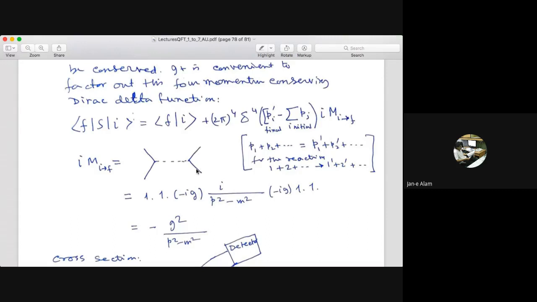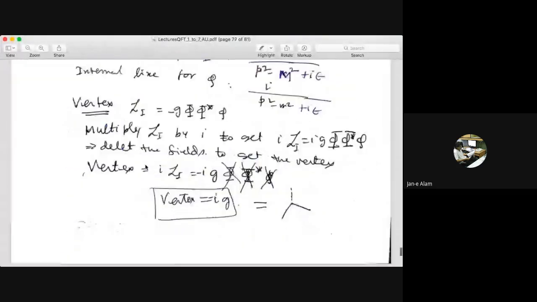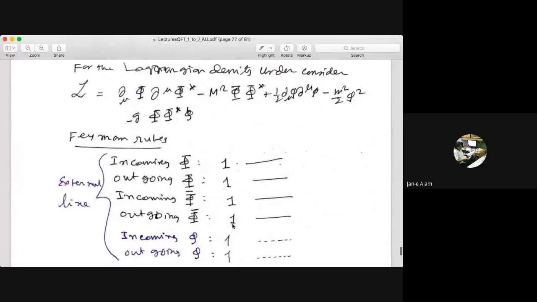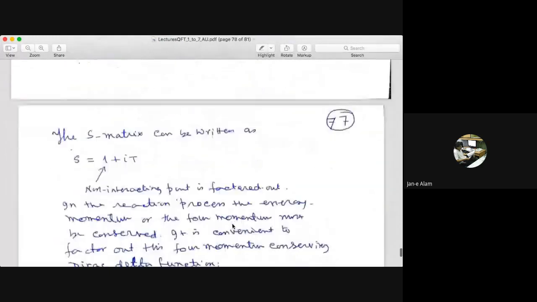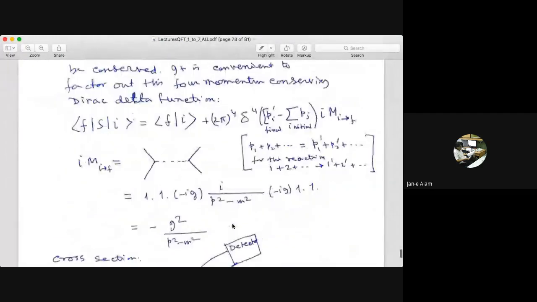Now, what is the magnitude of this diagram? This is an incoming particle, this is an incoming particle, they are external lines, and for them you just put 1. So this M amplitude I am calculating, iM, because I have defined it like this.